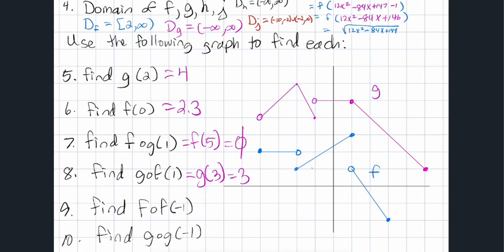So for number 9, F of -1 comes first. So start with F of -1. We go over to an x value of -1 and find the F function. Let's say that's about 1.7. Do you think maybe at 1.7? Okay, so this is going to be F of 1.7.